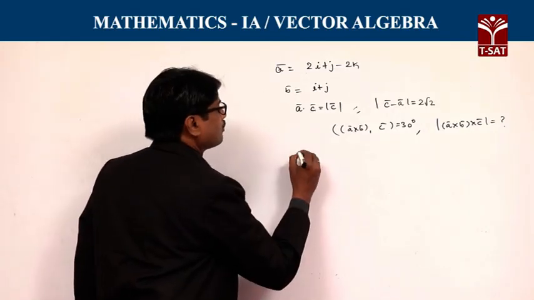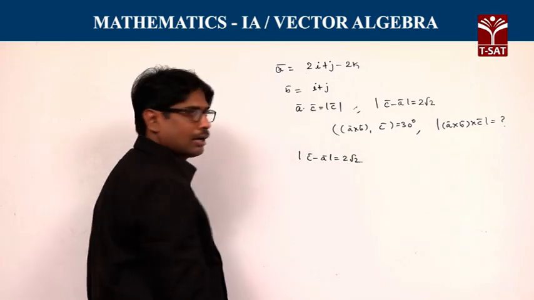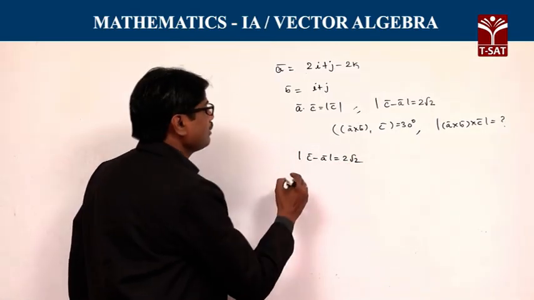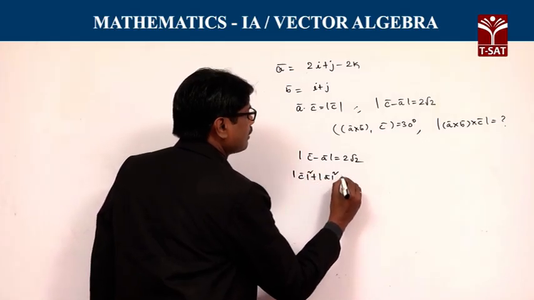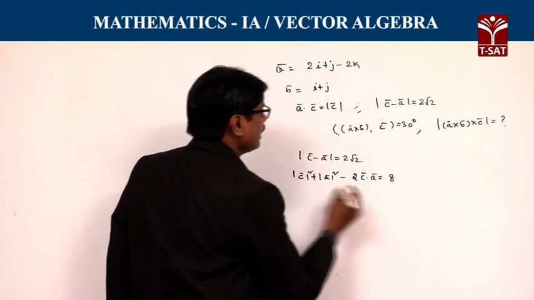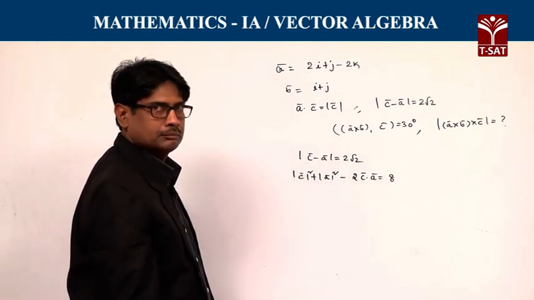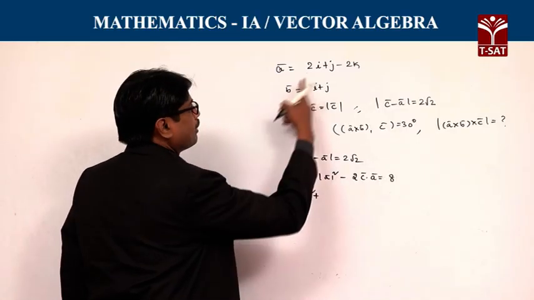First take mod of c bar minus a bar equal to 2 root 2. Apply squaring on both sides. On expanding we notice that mod of c bar square plus mod of a bar square minus 2 times c bar dot a bar is equal to 8. So this is mod of c bar square. What is mod of a bar?